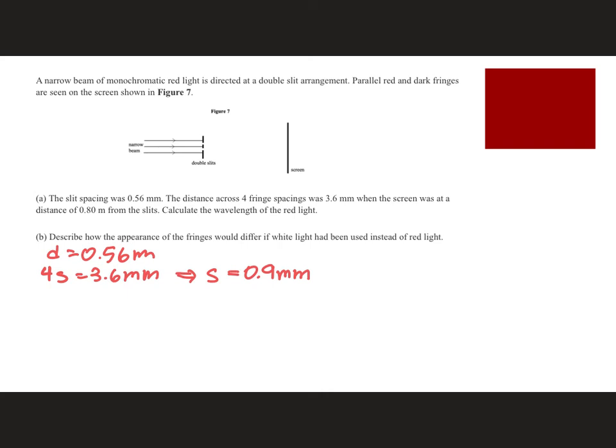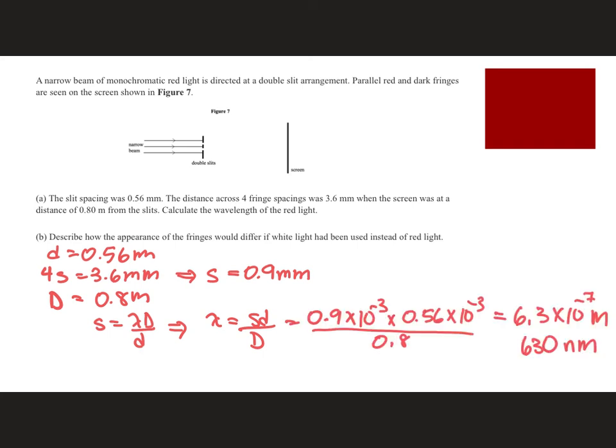And it's at a distance of 0.8 meters from the slit, so that's capital D. Calculate the wavelength of the red light. Let me put in the numbers.